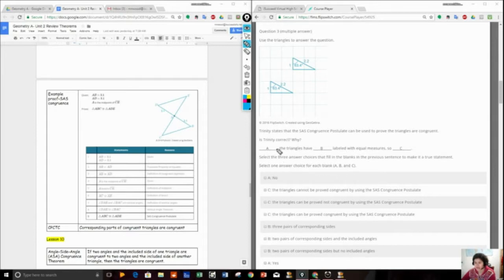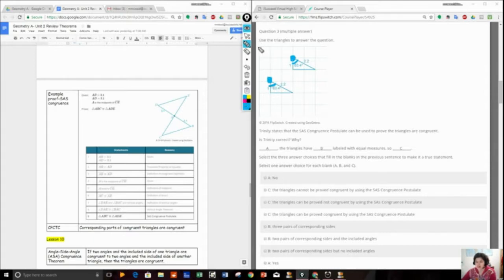So A's options are a yes or a no. So let's first decide, do they have a side angle side? So I'm noticing first the angle. They have this angle that is 63.4 degrees, and in this triangle it has the angle 63.4 degrees.